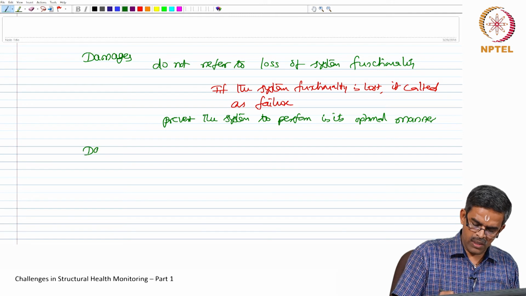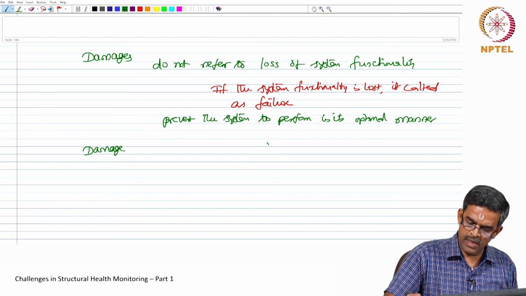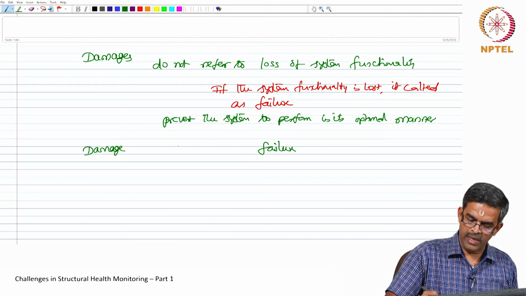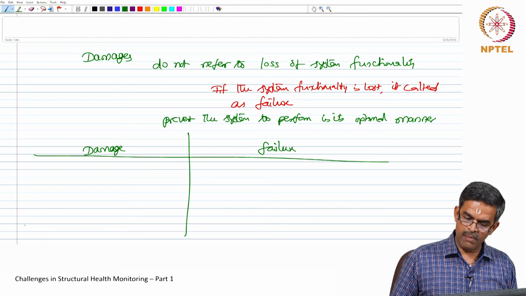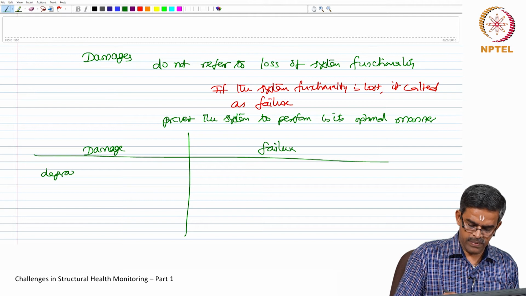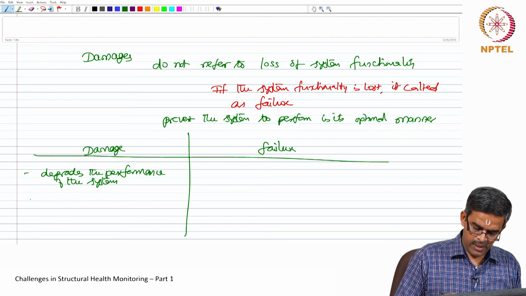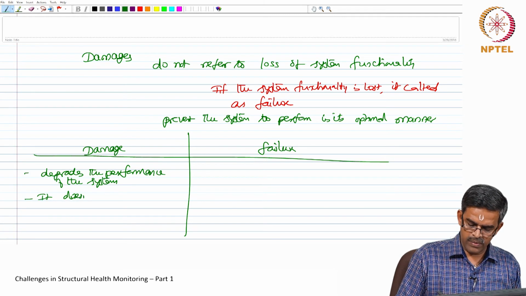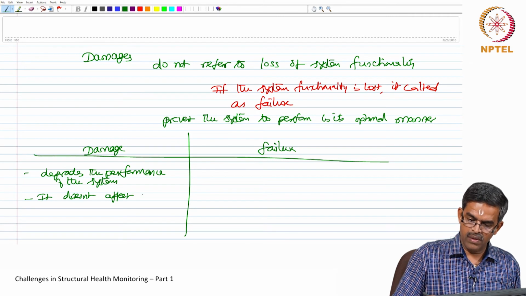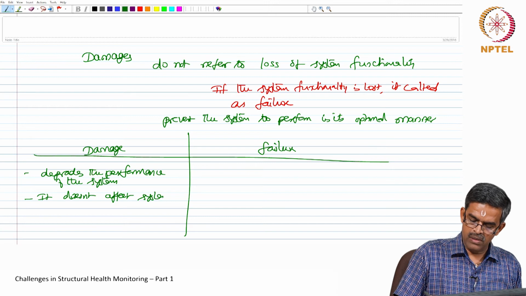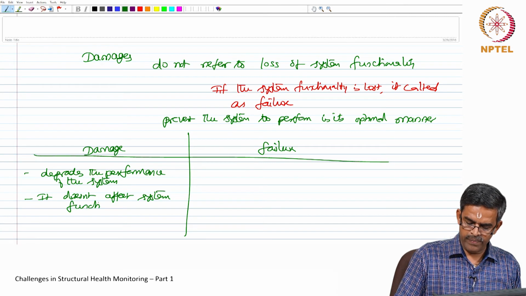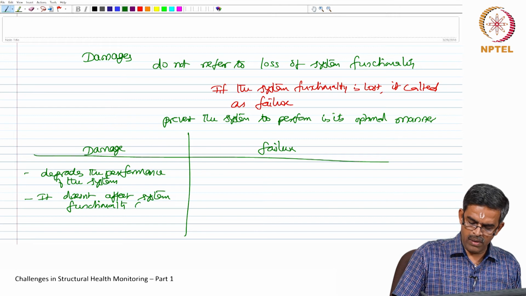So, one can now quickly compare a damage scenario and a failure scenario. Damage degrades the performance of the system. It does not affect system functionality completely.